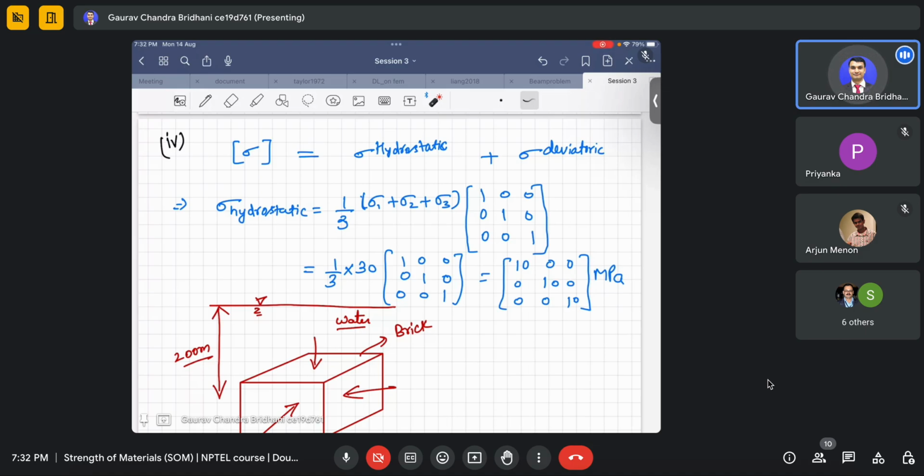As you move along the Mohr circle, you will have different planes, and different planes will have different representations of the stress tensor, but this will always remain the same. So we conclude that sigma hydrostatic will remain the same, it won't change, because it depends on that.